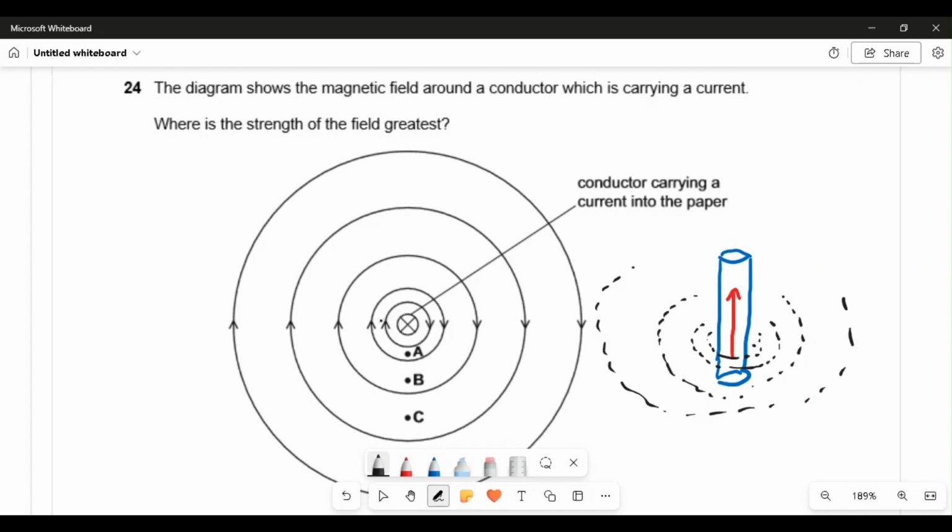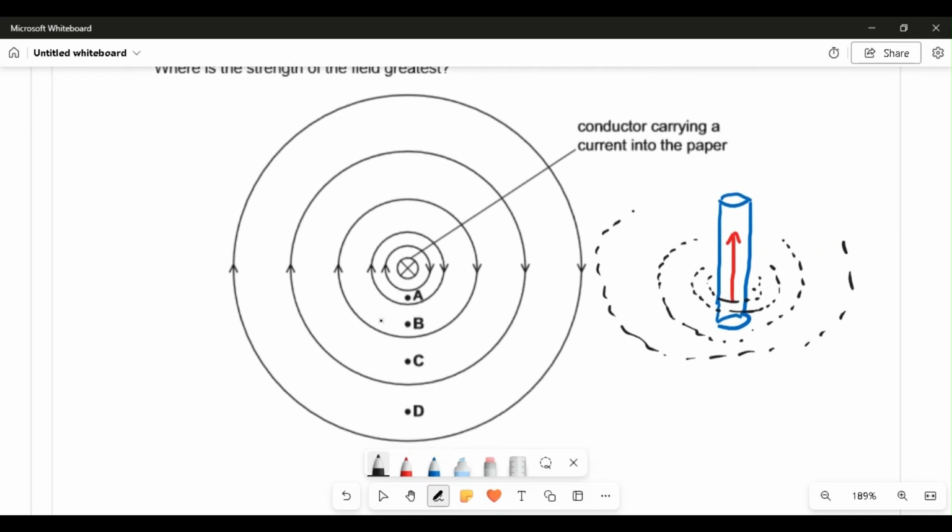If we move back to the actual figure, the current direction is shown by the cross, so it is into the paper. Current is into the paper, and from the right hand rule, we get the direction of the magnetic field. Here you can see at point A, the distance between the magnetic field lines is small.